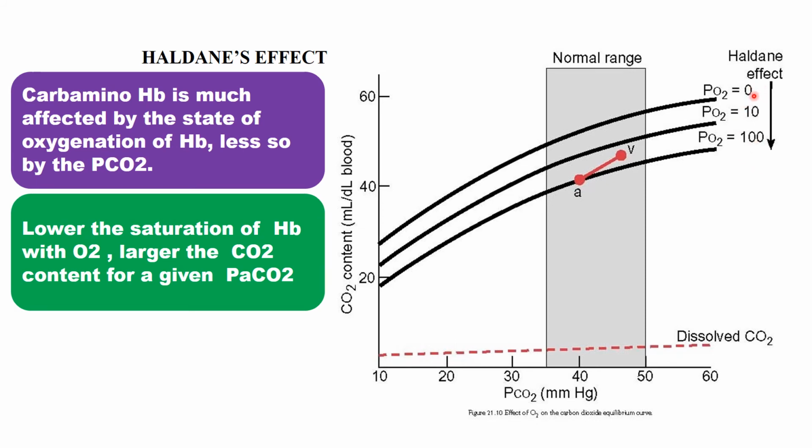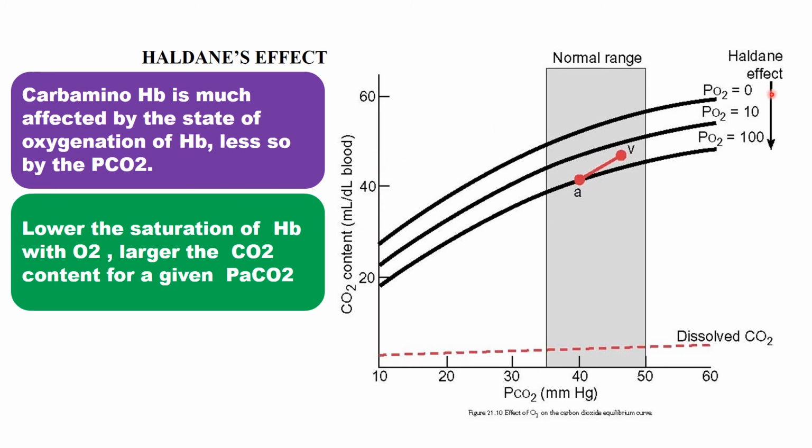As we can see here, at a partial pressure of oxygen of 0, the carbon dioxide content in the blood is more as compared with the partial pressure of oxygen of 100. The carbon dioxide content in the blood is less.